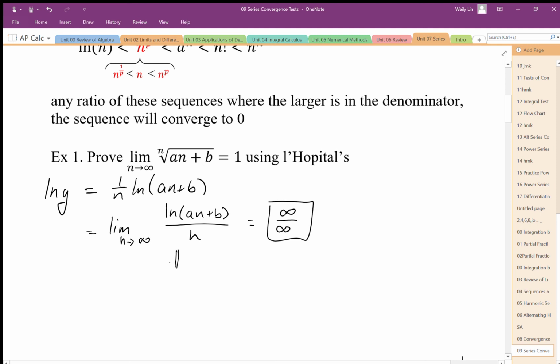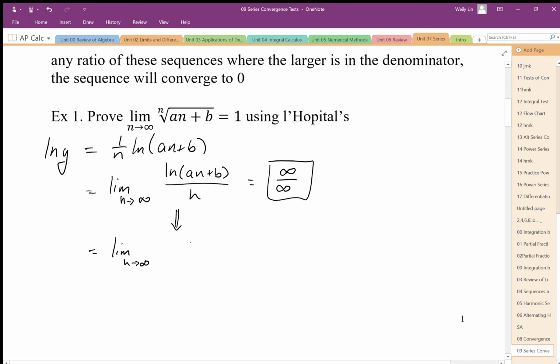Applying L'Hopital's rule, we end up with the limit as n goes to infinity. This becomes 1 over a n plus b, times a, on top. On the bottom it just becomes 1. So there's our limit.